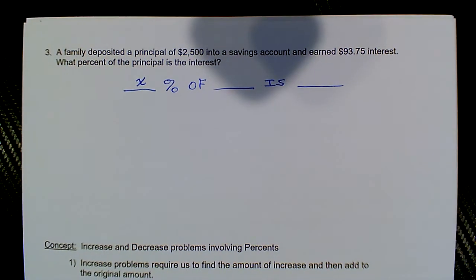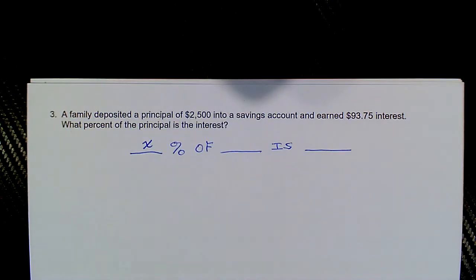And again, we have to think of the base as the whole and the part as the portion of that. So try to put yourself in the physical situation of having this $2,500 and you actually put it into a savings account. That's your whole.